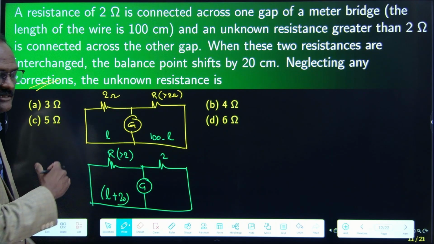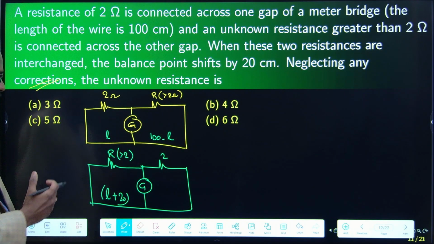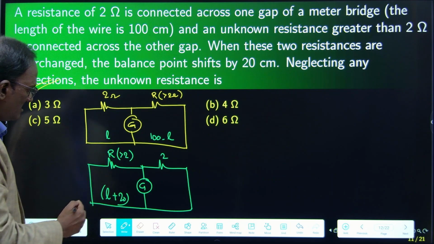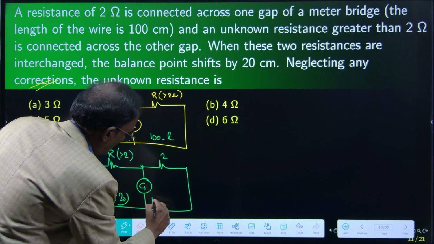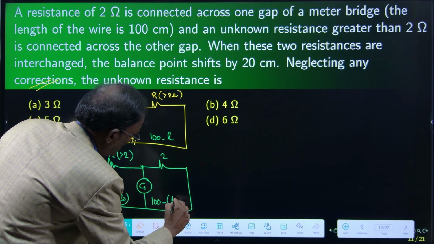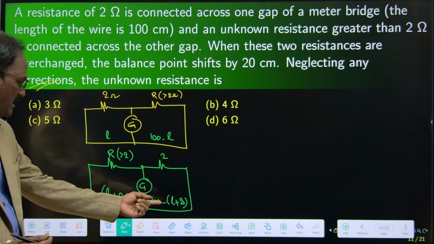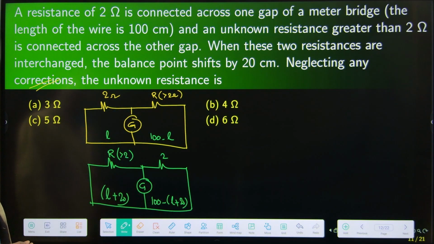So the shifting is done on the right hand side, L becoming L plus 20. So this will be 100 minus L plus 20, the rest value. From 100 we are reducing this value, right?